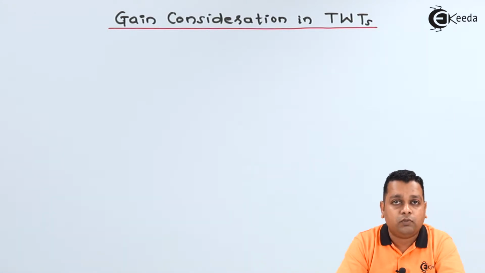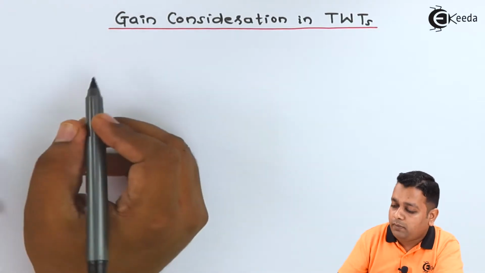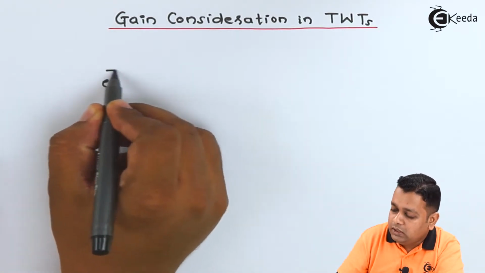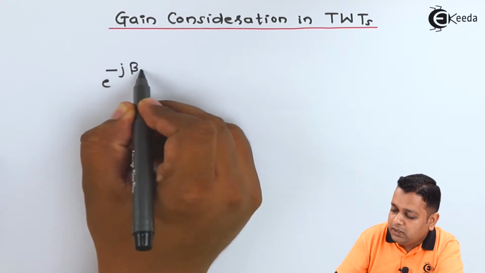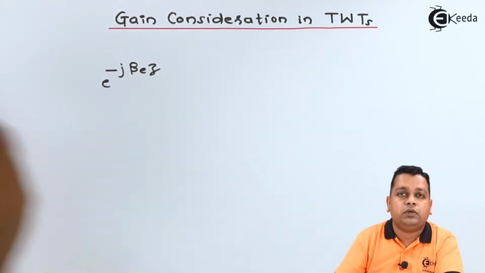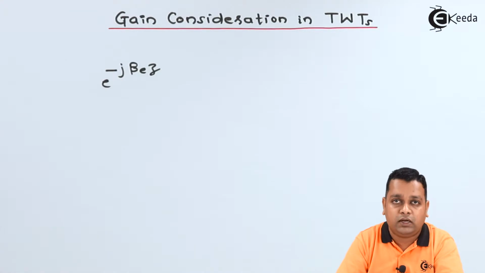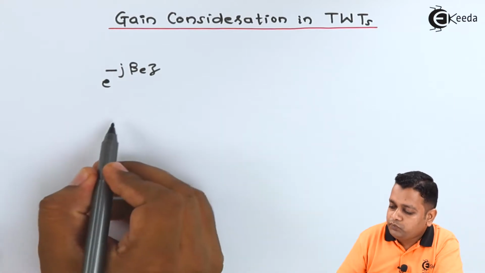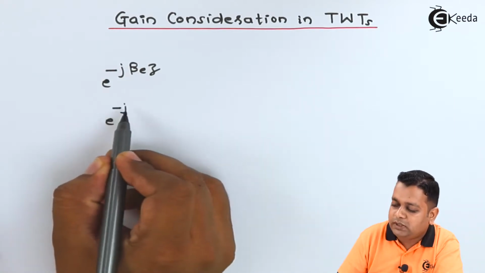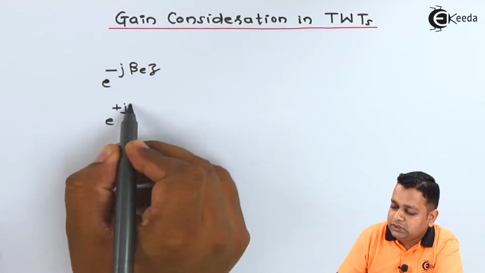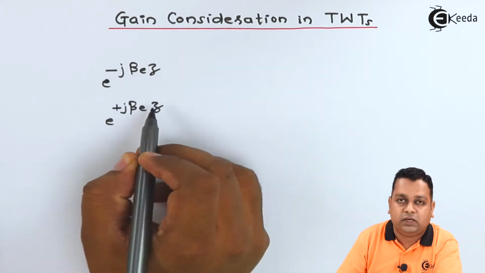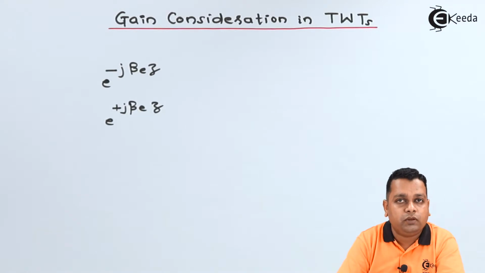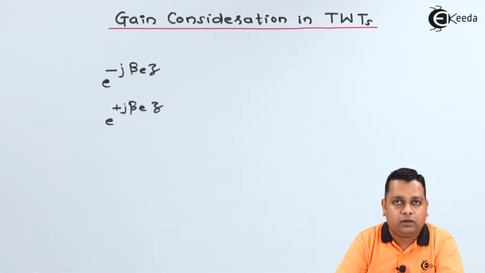For that wave propagation, we obtained four types of waves: three in the forward direction, represented by the complex exponential e to the power minus j beta suffix e into z, considering the positive z direction for propagation, and one backward wave with the complex exponential e to the power plus j times beta suffix e into z. Beta suffix e is the phase shift constant with respect to the electron beam.